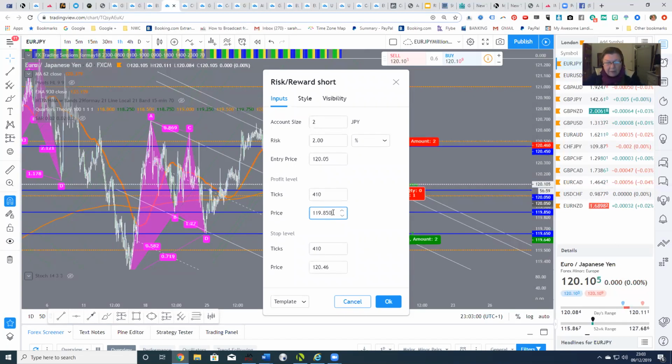Because if you're selling, your stop loss is going to be higher than your price. So if our entry price is 0.05, we've got to have a stop loss that's higher. And that will be this one, which is 120.450, which gives us, now this says ticks. You ignore that third place, that's what you call a pipette.